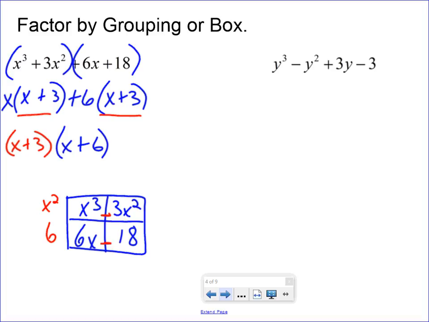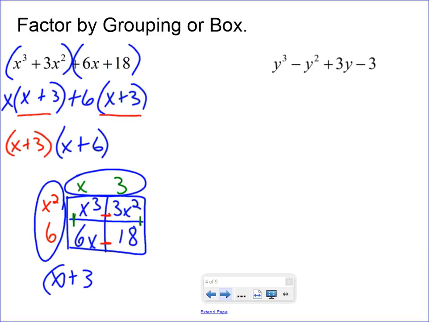Then I look across the columns. If I look at these columns, I would have an x common, and these columns, I would have a 3 common. So that is where I get my answer that I'd come up with before, which is x plus 3 times an x squared plus 6.